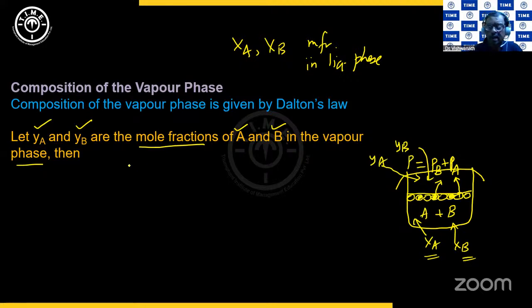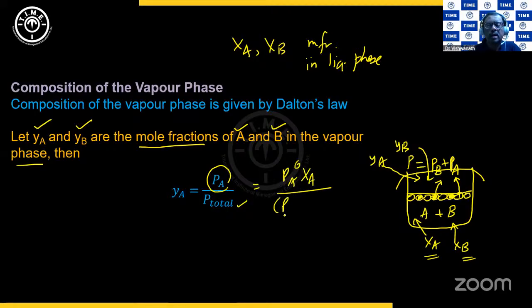That YA is equal to the partial vapor pressure of A by the total vapor pressure. That PA is nothing but PA naught into XA. This P total is PA naught XA plus PB naught XB, correct?